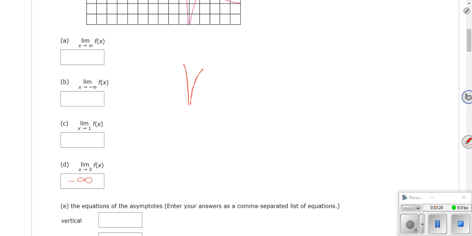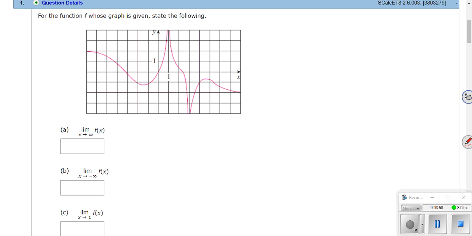Now, part E says the equations of the asymptotes. Let's talk asymptotes. Asymptotes are those invisible lines, if you will, that the function will not cross as it gets bigger and bigger, or smaller and smaller. Let's look at vertical asymptotes.